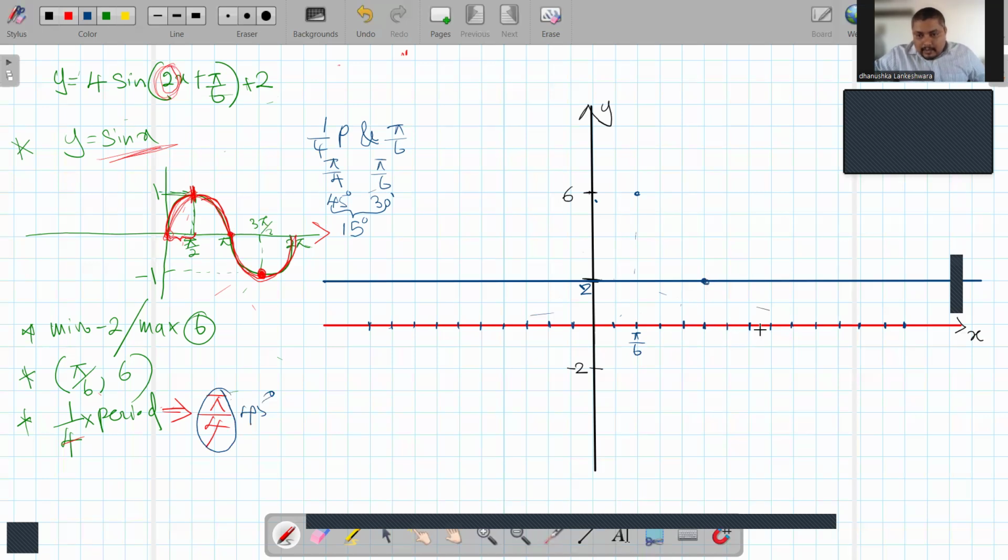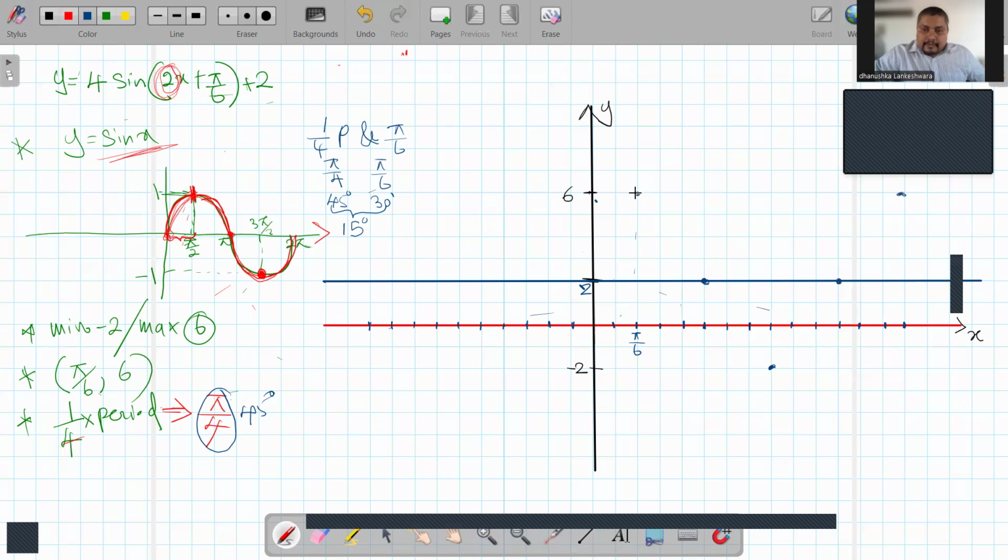Again, 1, 2, 3, then it goes to the minimum value. 1, 2, 3. Again, 1, 2, 3, it comes over here. Again, 1, 2, 3, it goes to the maximum.